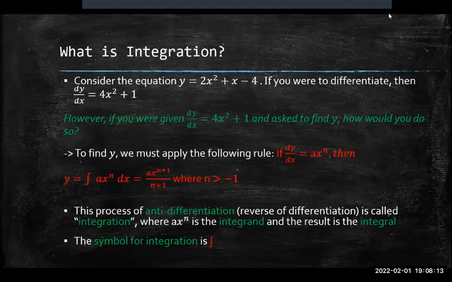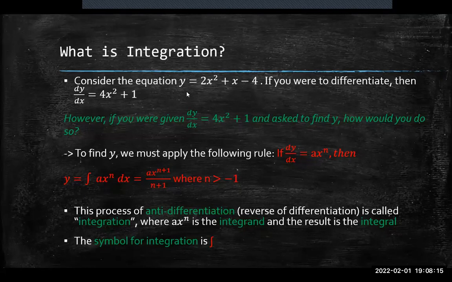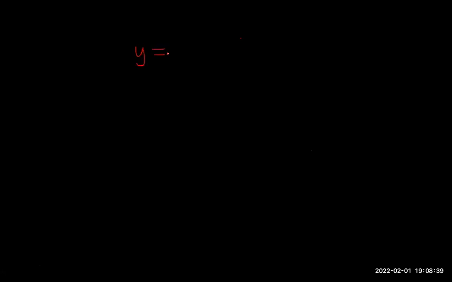I'm telling you, so when you differentiate this equation, you're going to get 4x plus 1, right? And let me just show you the differentiation real quick. So how do we differentiate? Say I have an equation y is equal to ax to the n. How exactly do I differentiate this?